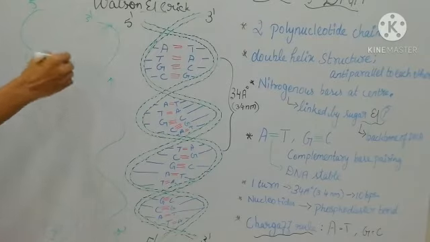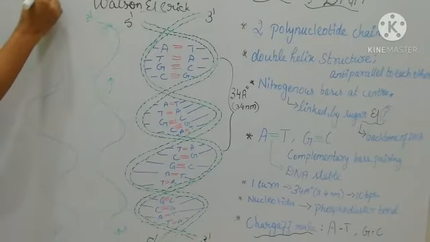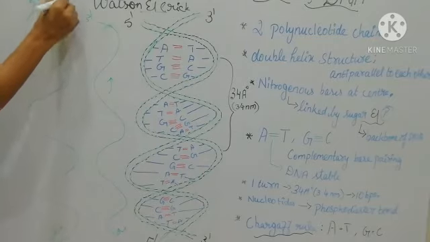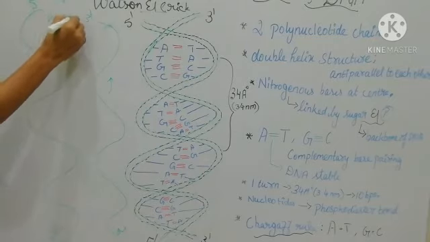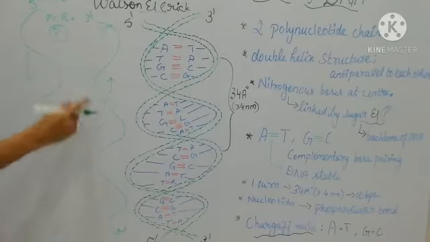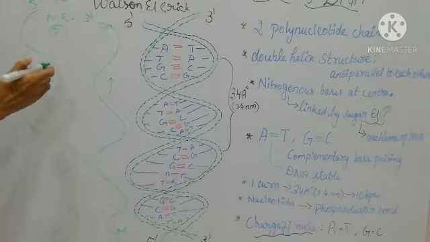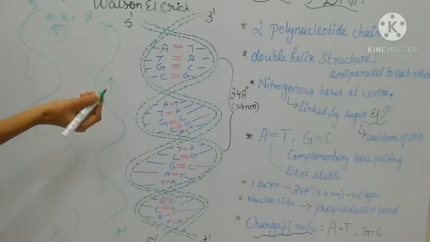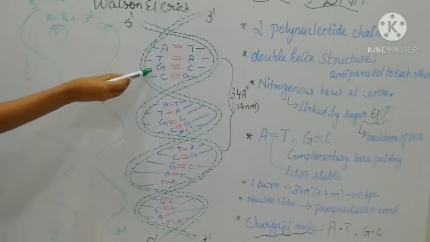And we know that this DNA contains a sugar molecule, nitrogenous base and phosphate group, right? In that, the nitrogenous bases will be present at the center. So what are the nitrogenous bases? The purines and pyrimidines: adenine, guanine, cytosine and thymine.